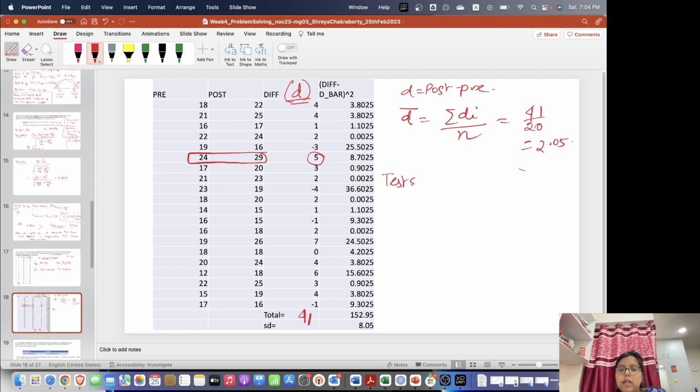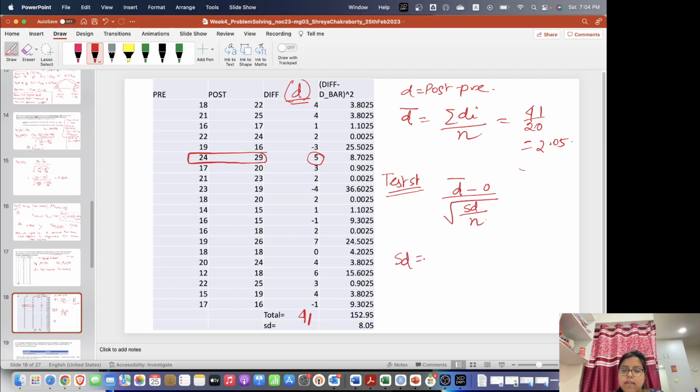As we know, in our test statistic the formula is D bar minus, under H naught, 0, divided by root over sd square by n.